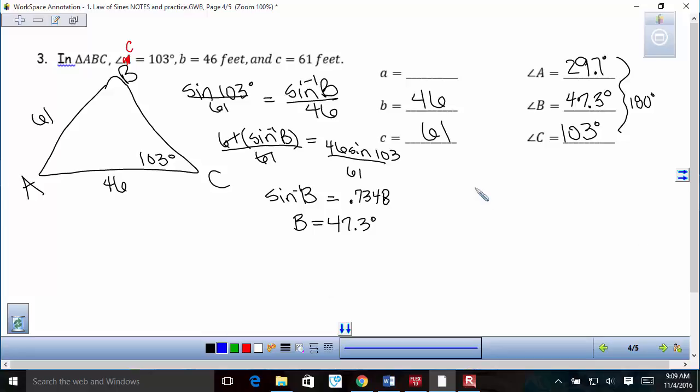I know it's annoying, but yes, you have to do the whole process over again. I'm going to start at the beginning with what I had to begin with. 103 and 61. Sine 103 over 61.